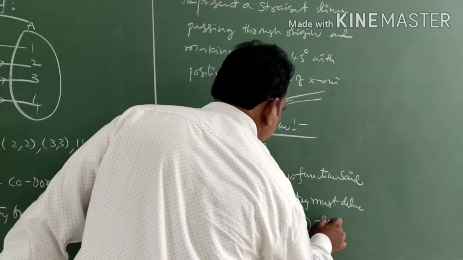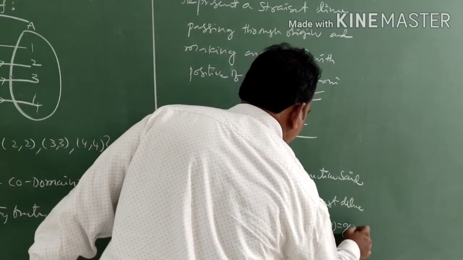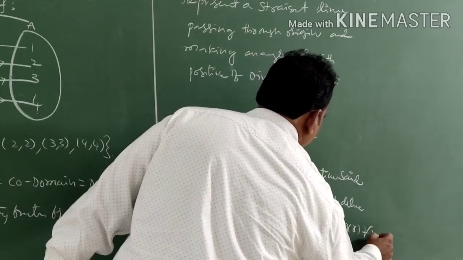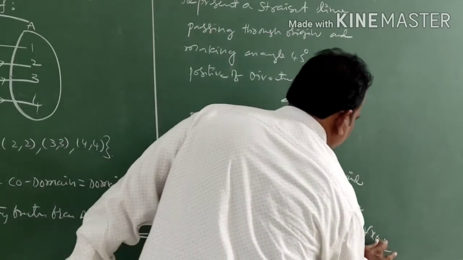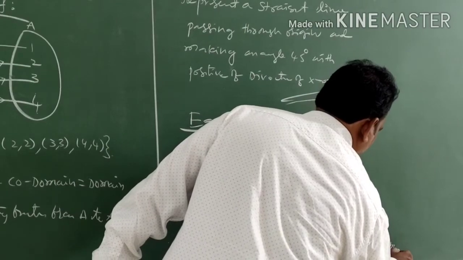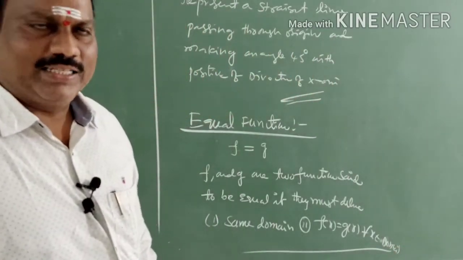Second condition, f of x is equal to g of x for all x belongs to A, for all x belonging to the domain. I will explain with an example.